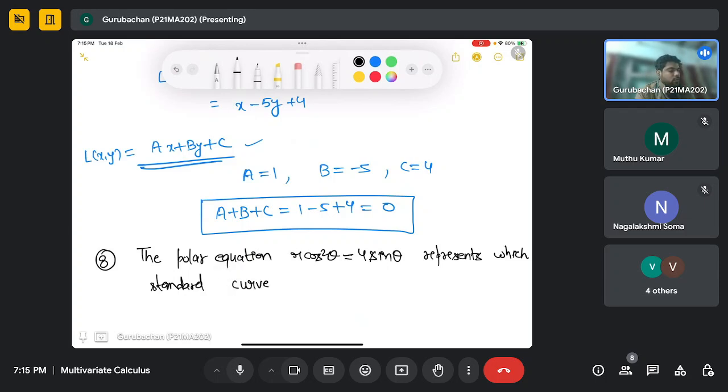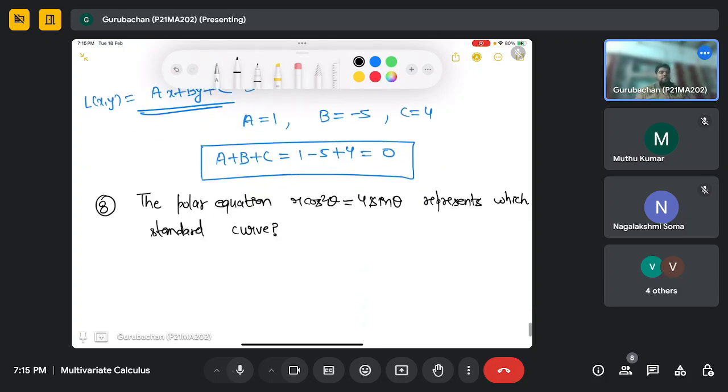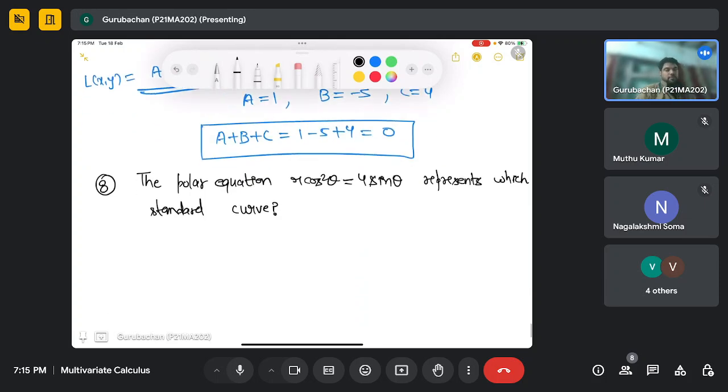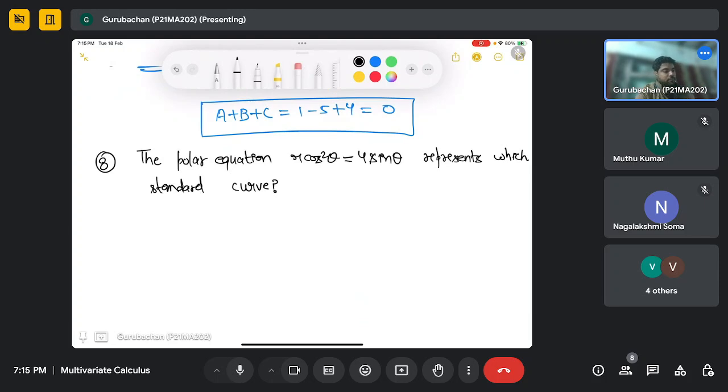Which standard curve represents this polar equation? So we have done one similar question at the starting also. You can go with it.